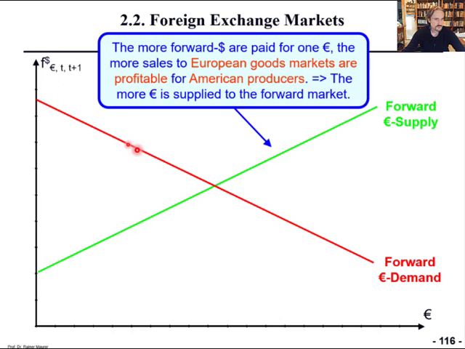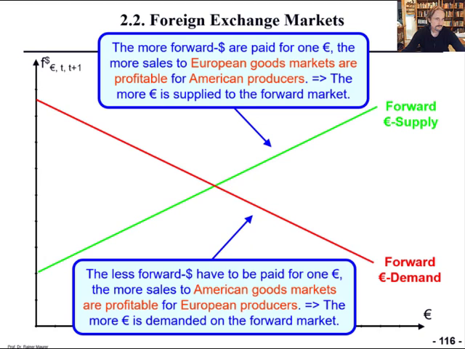Now let's turn to the slope of the forward euro demand. The fewer forward dollars have to be paid for 1 euro, the more sales to American goods markets are profitable for European producers. Hence, the more euro is demanded on the forward market.